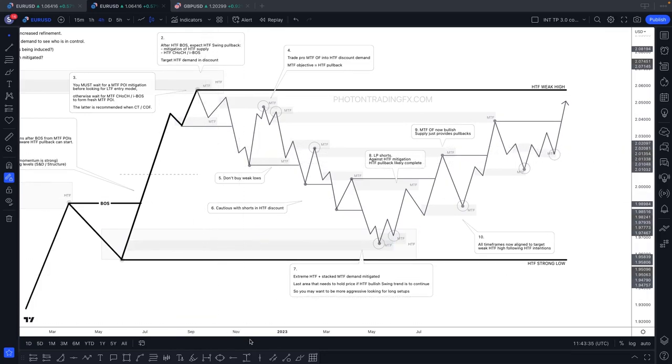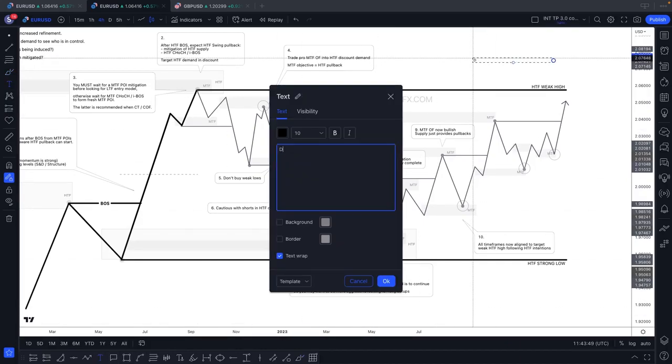So, M15 and my trading plan. I use the daily and H4 as my main time frames, like high time frames, where I find the direction and the high time frame ideas.